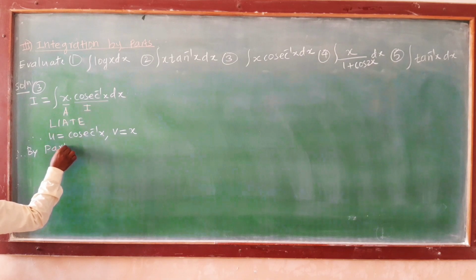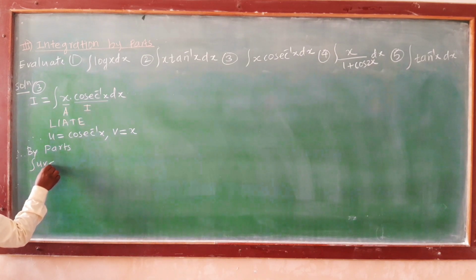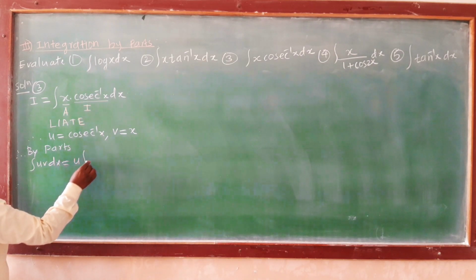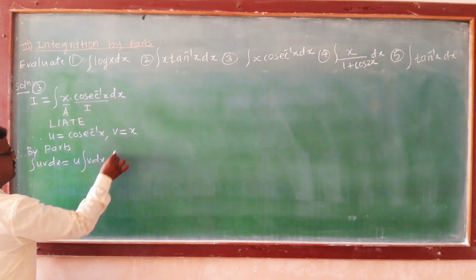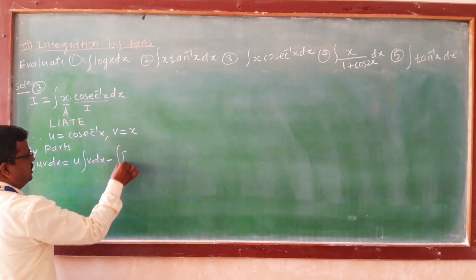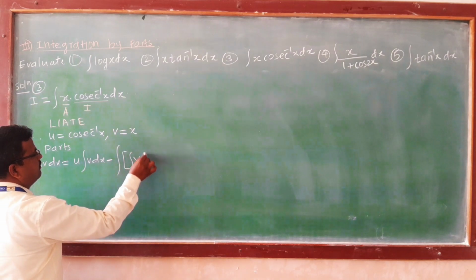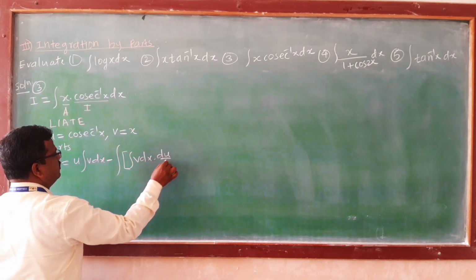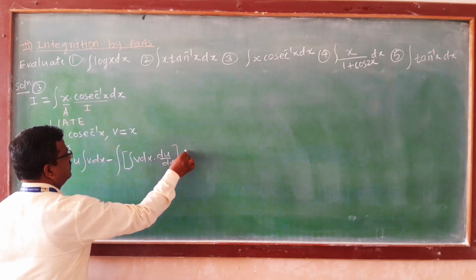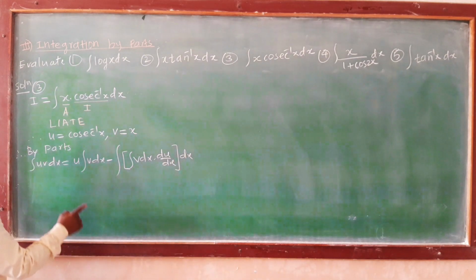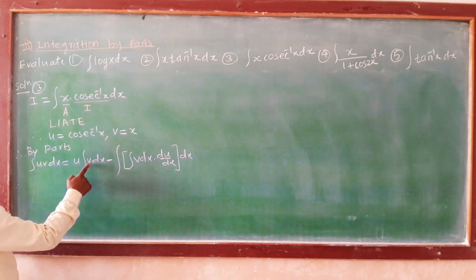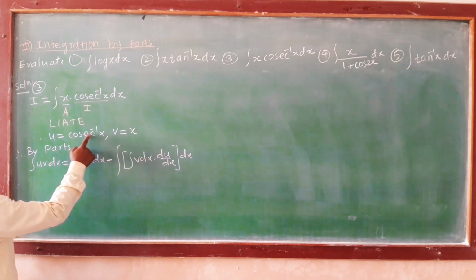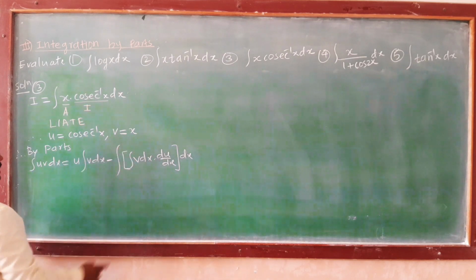Therefore by parts, integration of u v dx is equal to u integration of v dx minus integration of square bracket integration of v dx du by dx with respect to x. Now in this formula put the values of u and v. u means cosec inverse x and v means here x.